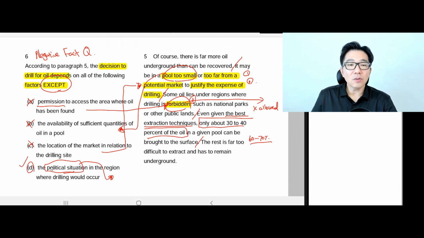So political situation is not mentioned in paragraph 5 as something to consider when deciding whether to drill for oil or not. So that's the wrong information, and thus it is the right answer for this question type, if that makes sense. Question 6, the answer is D.